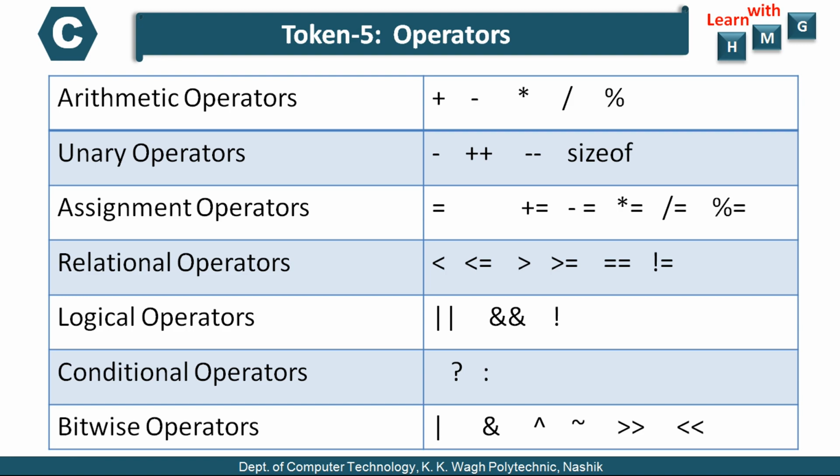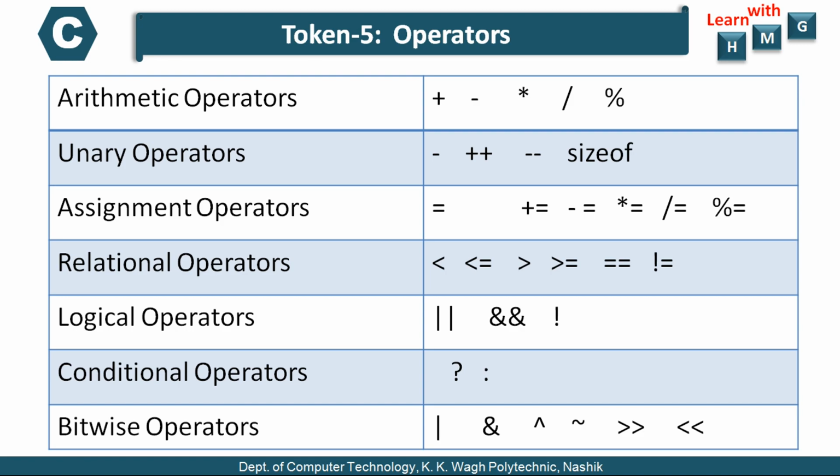Bitwise operators: first is bitwise OR, second is bitwise AND, then bitwise XOR, then bitwise complement, then shift left, shift right. These are the bitwise operators because they operate on bits rather than the decimal number.